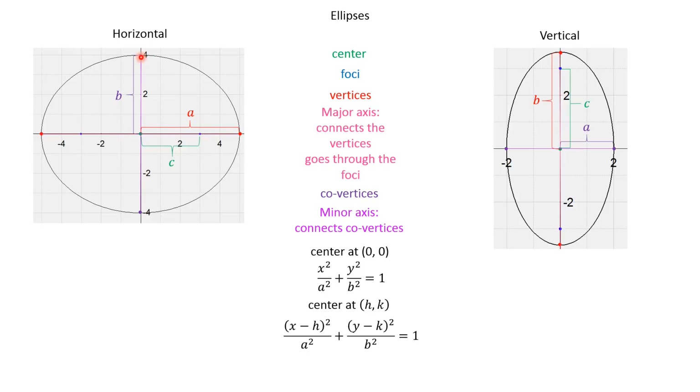Well, if we take that point to be the one right up here, we can make two triangles, where the distance from the focus to the covertex back to the focus is 2a. Being that it's directly in the center, that means that this distance is a, which means we can set up a Pythagorean theorem, b squared plus c squared equals a squared, which we could solve for c squared: a squared minus b squared equals c squared.